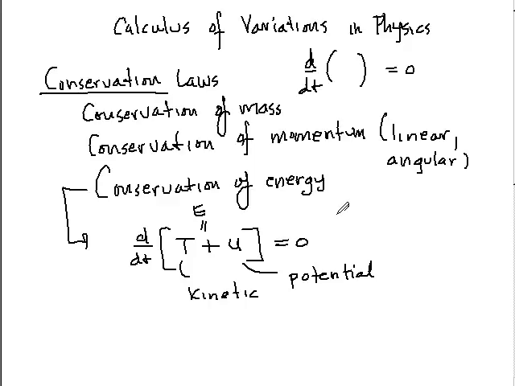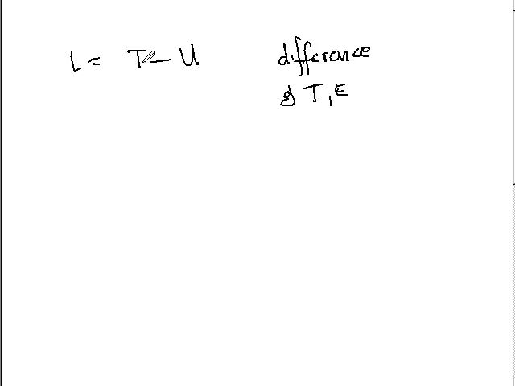So when you have a conservative force, the momentum gives you velocity, gives you a potential energy and kinetic energy, which is constant. There is something called the Lagrangian, which is a related idea, which is not the sum, but the difference of T and U. So it's the kinetic energy minus the potential.